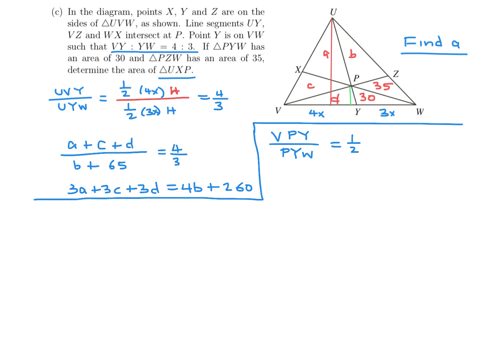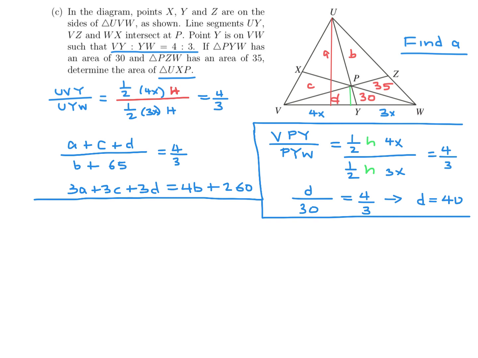So 1/2 height times base, which is going to be 4x, and then 1/2 height times base, which is 3x. So this again becomes 4/3 this time. And the VPY is just D, and then the PYW is 30. Okay, so this is very helpful because this gives me that D is equal to 40. Okay, that's great. That at least I got one letter solved.